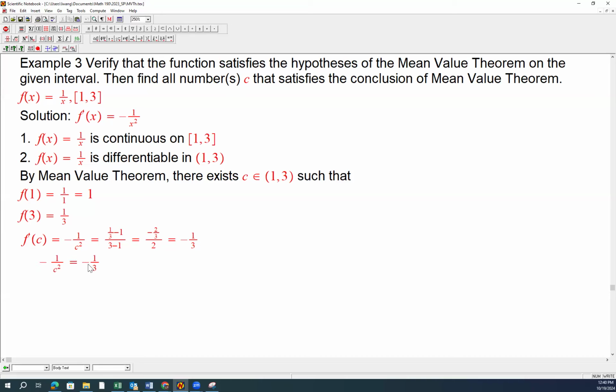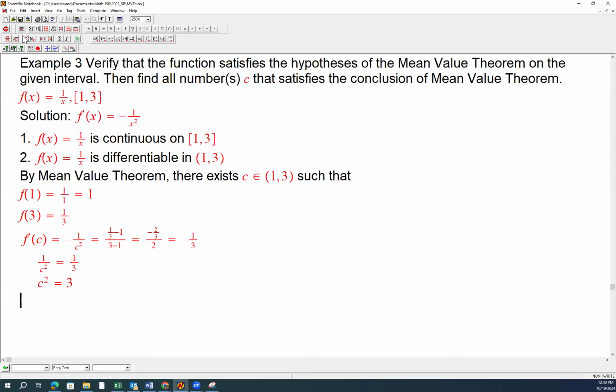Both sides have a negative sign, so we can drop the negative sign. We'll multiply by negative on both sides. And next we flip on both sides. So we get c squared equals 3.